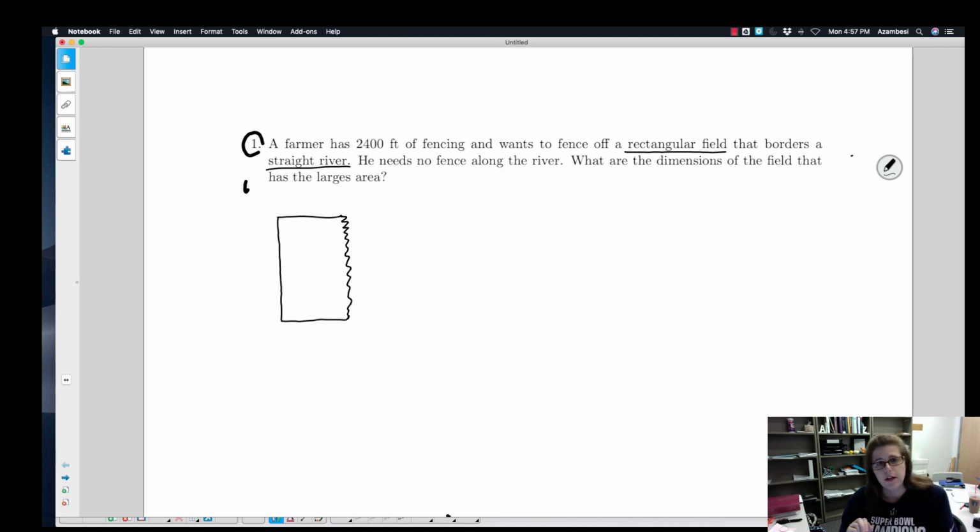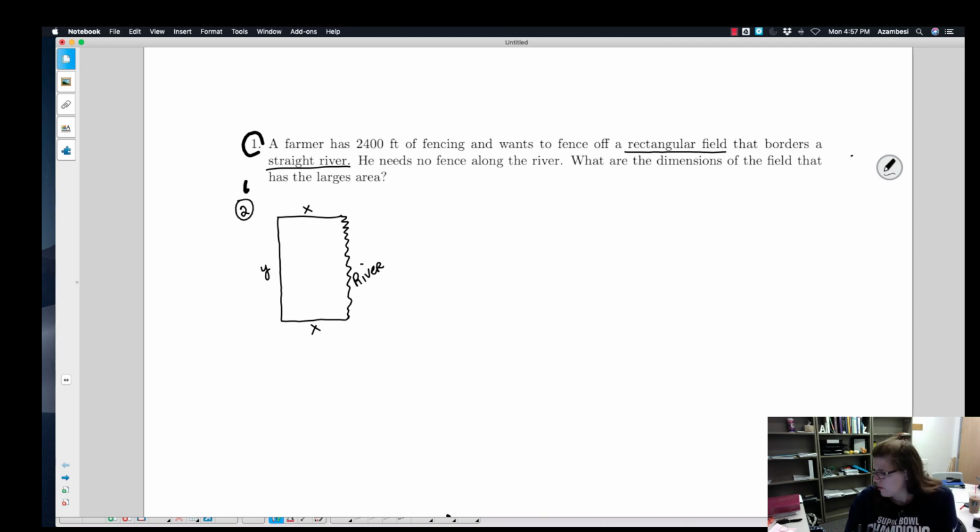I know that doesn't look like a wavy river, but we'll call this the river border, where we don't actually have to put fencing. So part 2 on our applied optimization problems is just to get an idea of what we're looking at. So here is our rectangular area, and just by the way it's oriented, I'm going to call this x and this y.